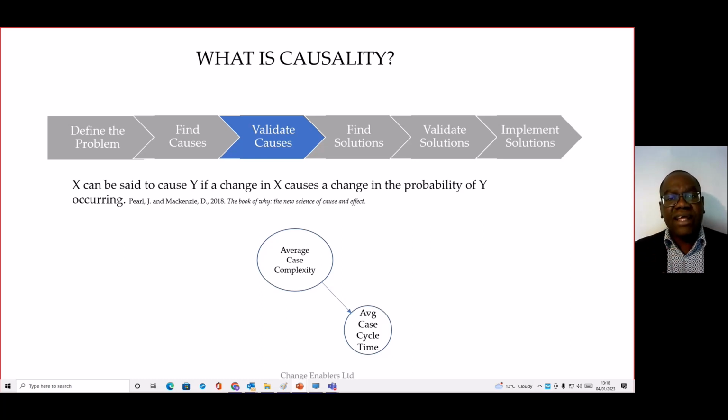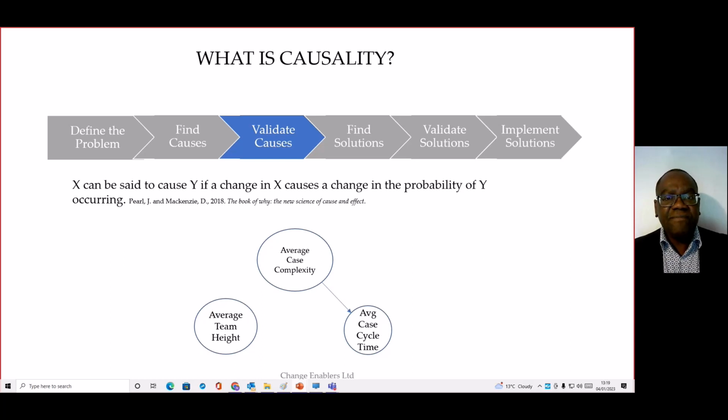If a higher case complexity score causes longer case cycle times, we expect to see cycle time increase as case complexity increases and vice versa. However, if there's no relationship between case complexity and cycle time, as we vary the case complexity, the cycle time stays unchanged.